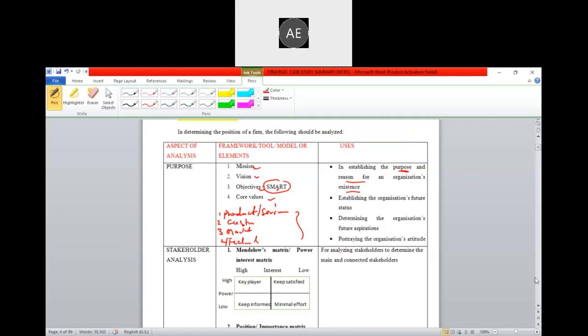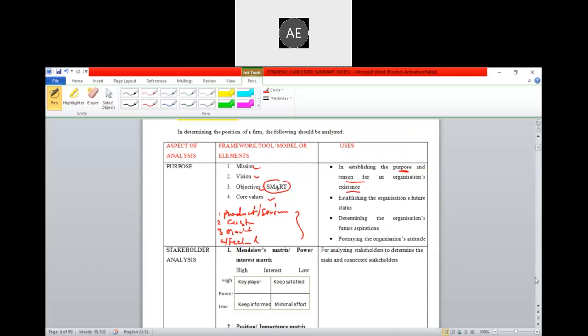So when you look at the case study and the core values are not capable of aiding the entity to achieve their mission, their vision, and their objective, it means that they must bring out new core values, new ethical principles that can help them achieve.